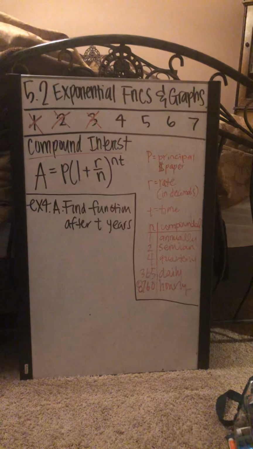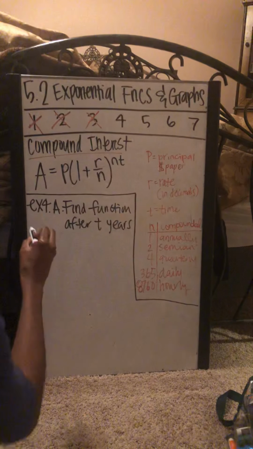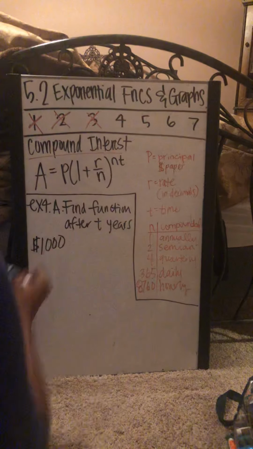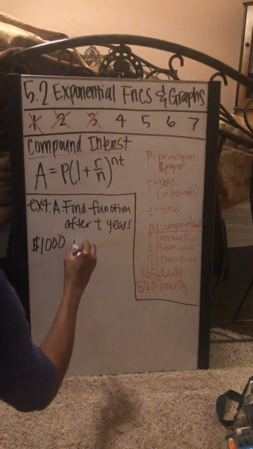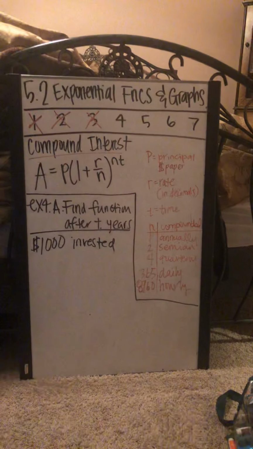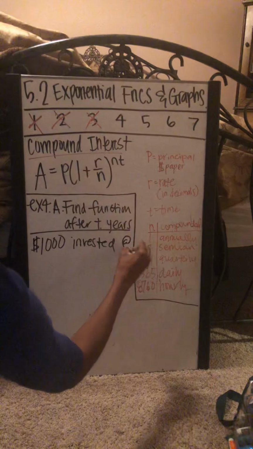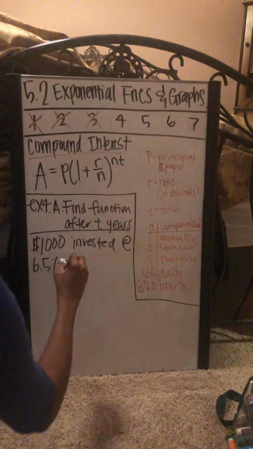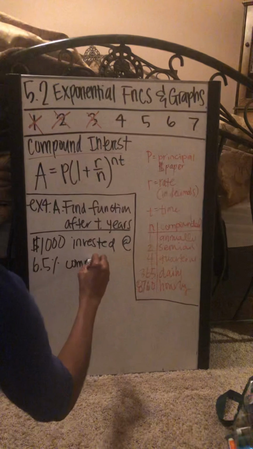Okay, so for example, 4A, it says find the function after t years, and I just realized I didn't even write the equation down. Okay, so it says suppose that $1,000 is invested at 6.5% compounded semi-annually.